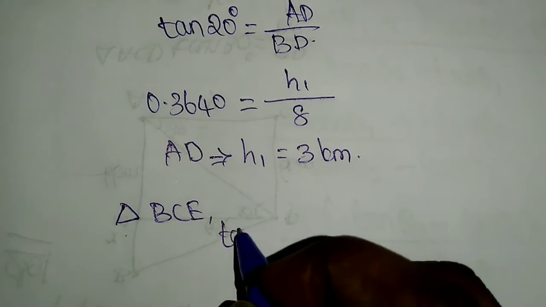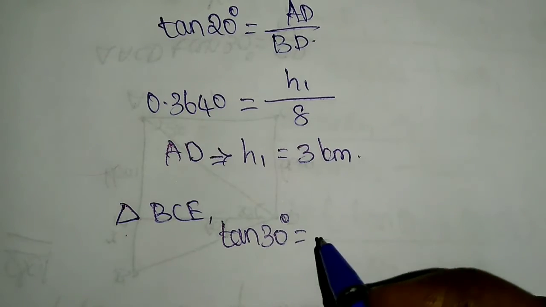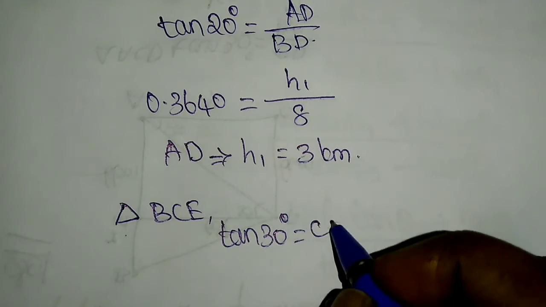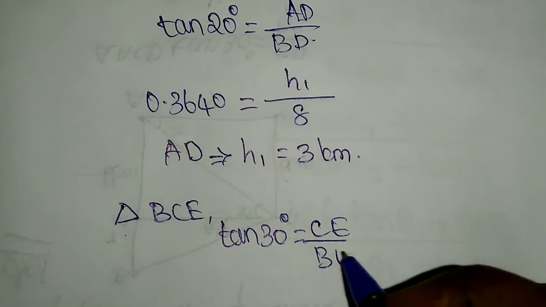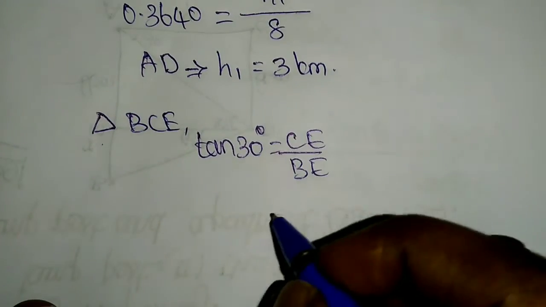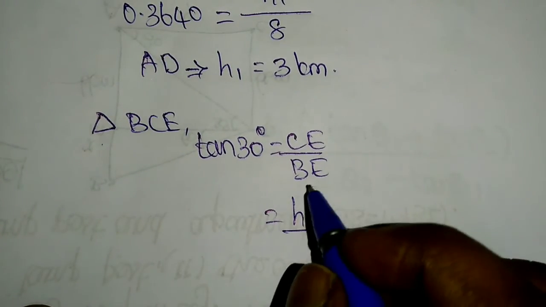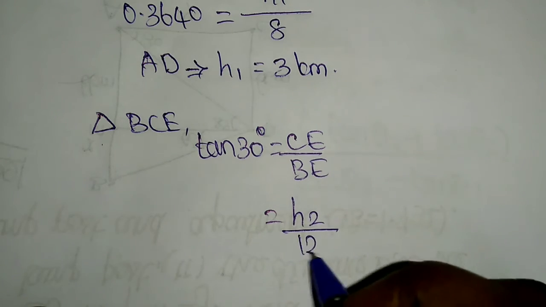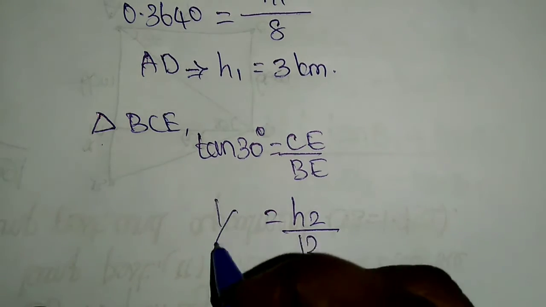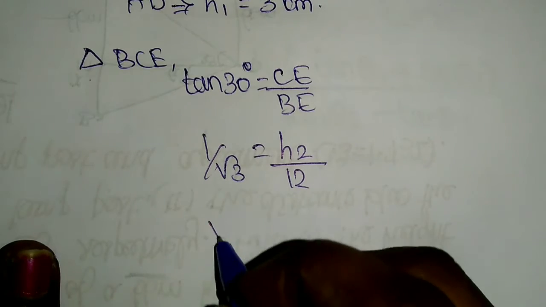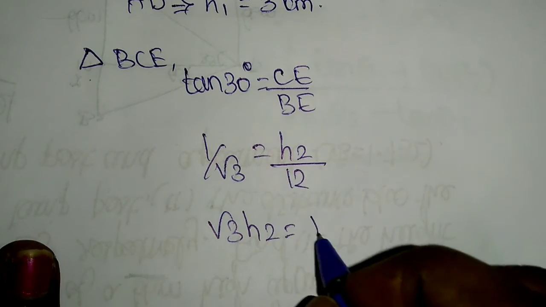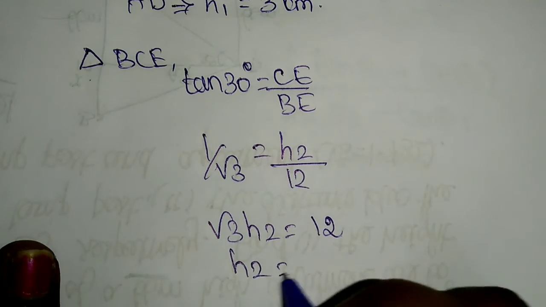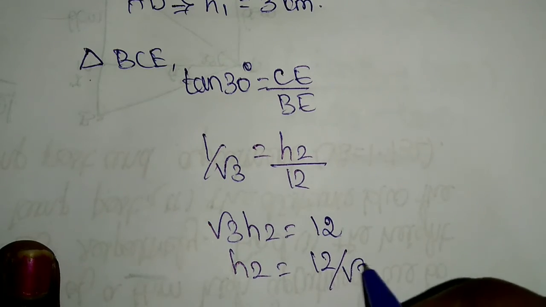So tan 30 degree is equal to CE divided by BE. Here CE is equal to H2 divided by BE is 12 km. So tan 30 is 1 by root 3. So root 3 H2 is equal to 12. H2 is equal to 12 by root 3.